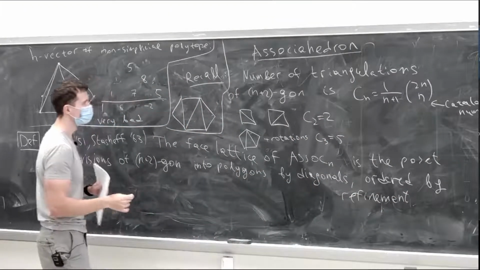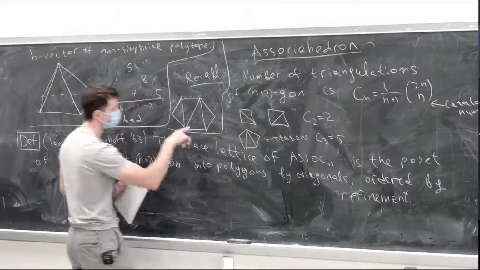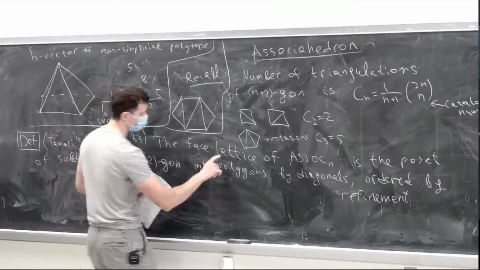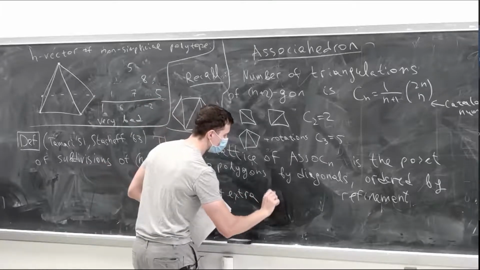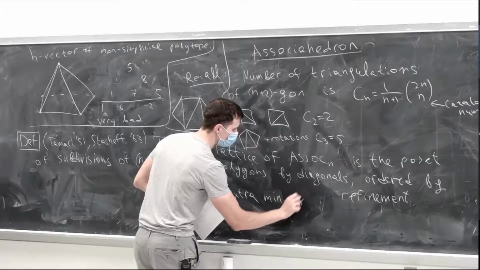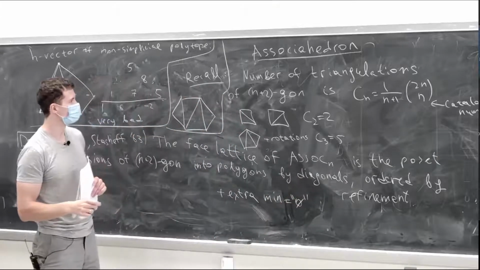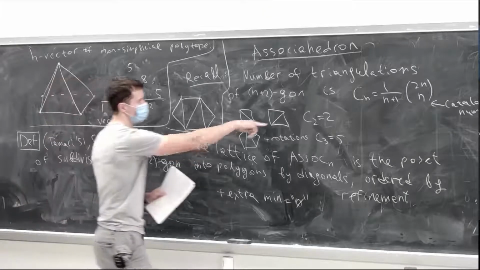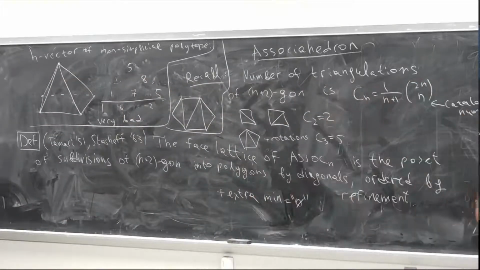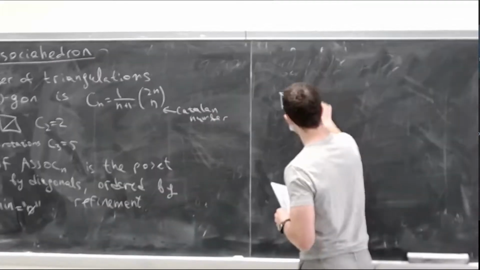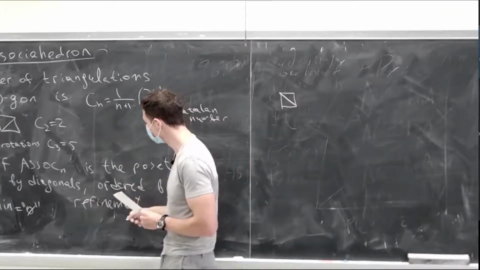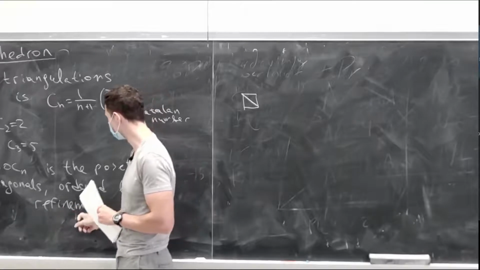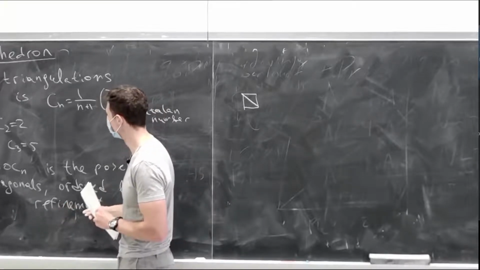Maybe I should try an example. Let me add one extra, the empty face, to this poset, an extra minimal element. The empty set is going to be the minimal element of my poset. For example, let's say I take the square. Here you have to choose whether triangulations are the minimal elements or the maximal elements. I want my refinement to go down.